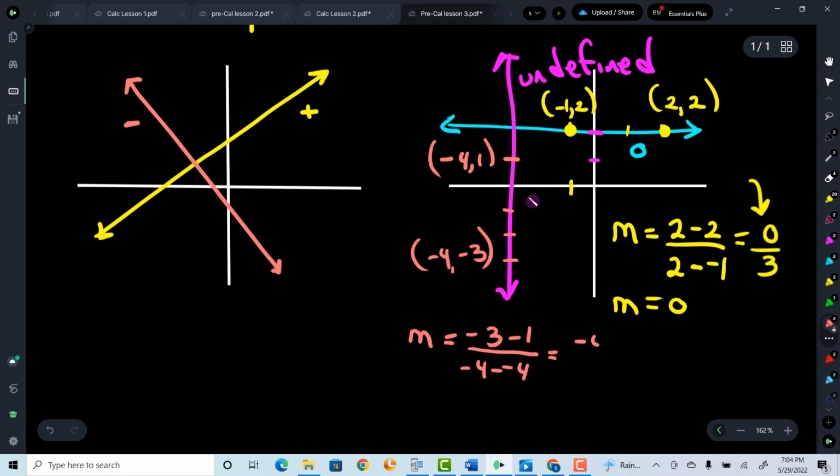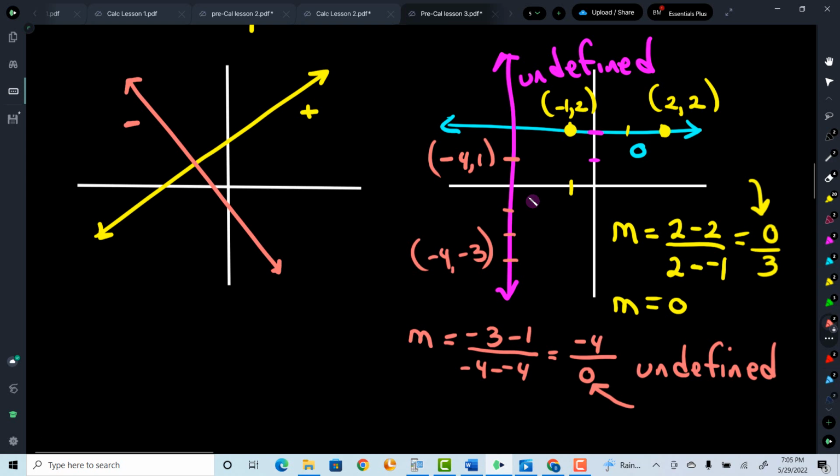So we'd get -4 over 0. Anytime I have a 0 in the denominator, the slope is undefined, or the fraction is undefined, right? So a horizontal line has a slope of 0. A vertical line has an undefined slope.